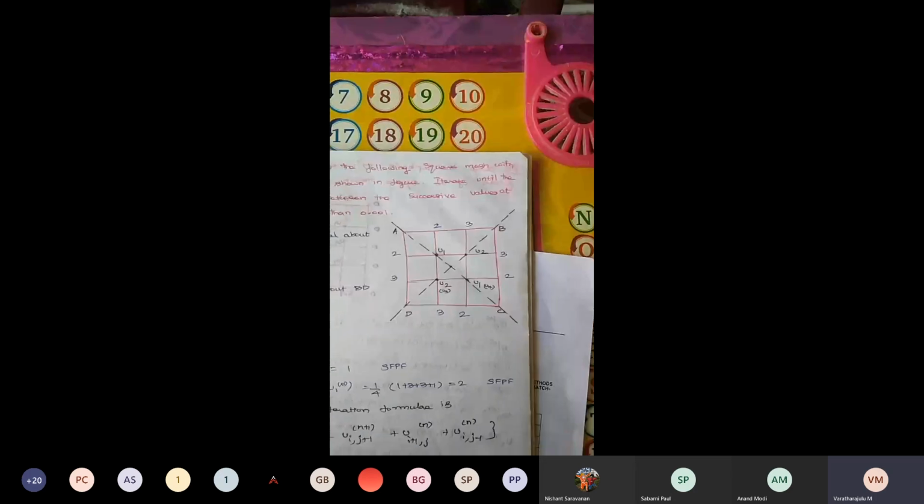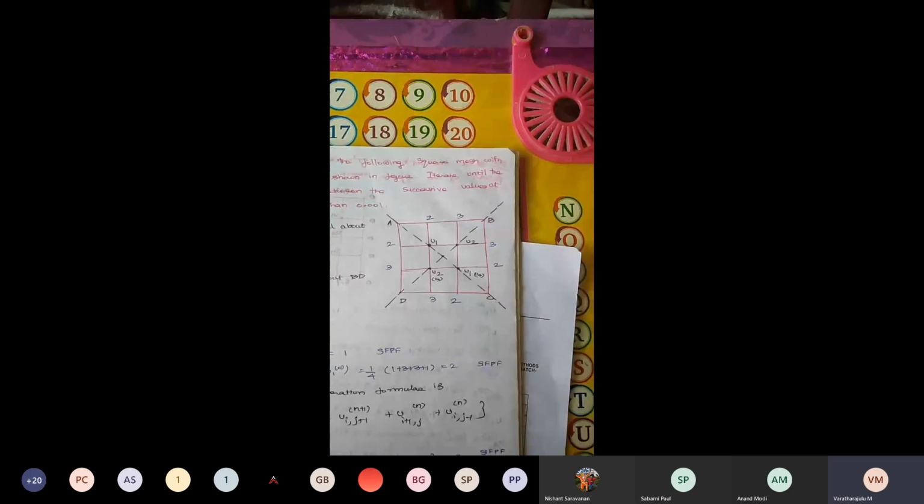Here A is at the left topmost corner and C in the right bottommost corner, B on the right topmost and D in the left bottommost.